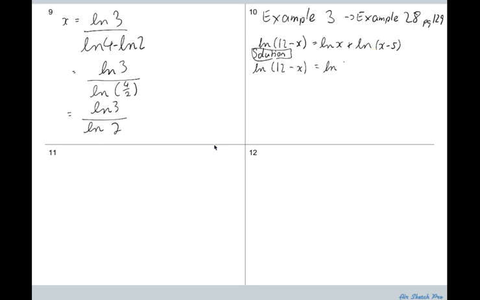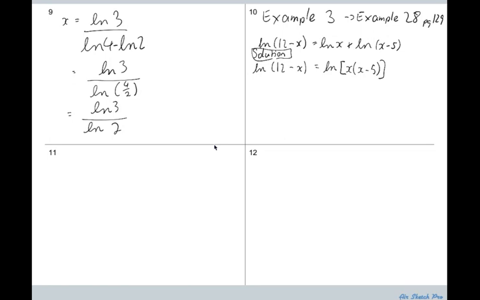And I'm going to use square brackets just so that it doesn't get too messy with my brackets. So on the left-hand side, I have ln(12 minus x). On the right-hand side, I have ln[x times (x minus 5)] using the product rule for logarithms.